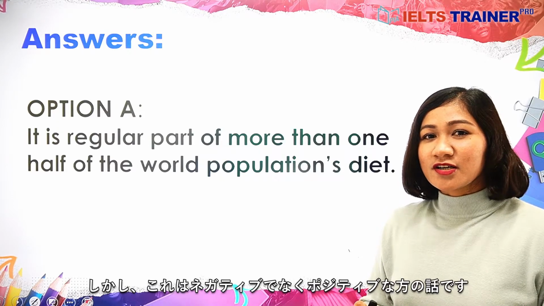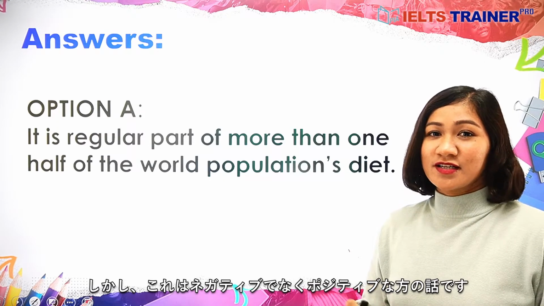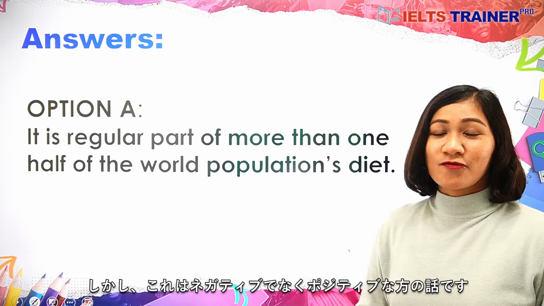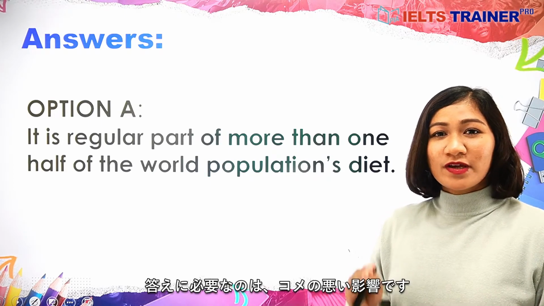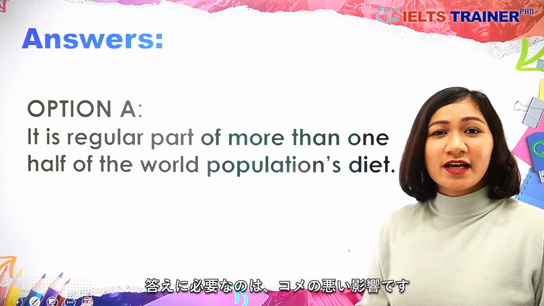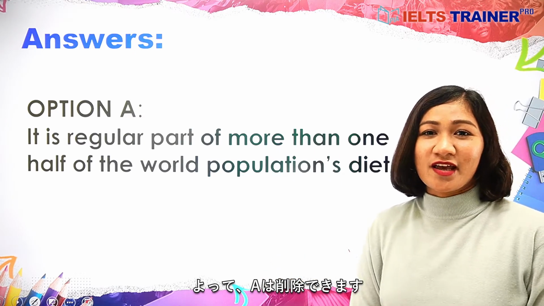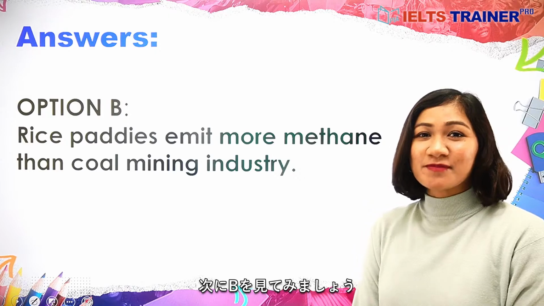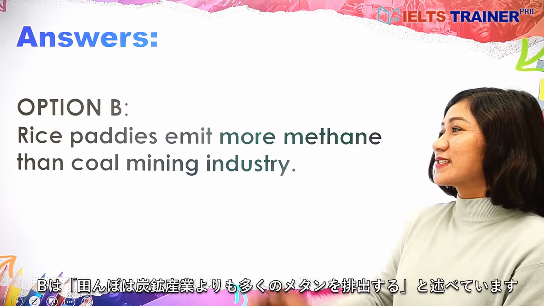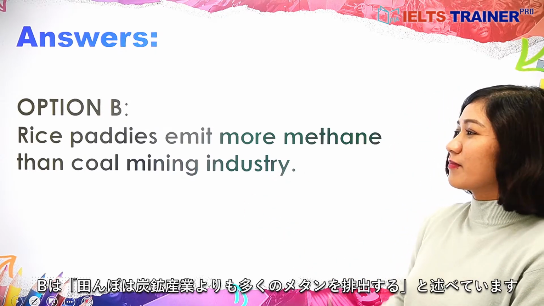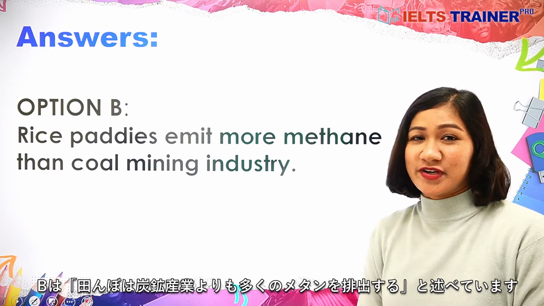However, this talks about a positive effect of rice, the opposite of what we're looking for. What we need to look for is a negative effect of rice. Therefore, we can eliminate option A. Now let's take a look at option B. Option B says, rice paddies emit more methane than coal mining industry.